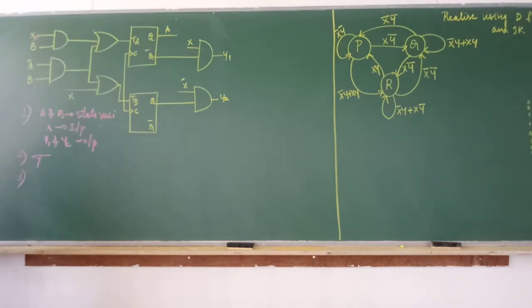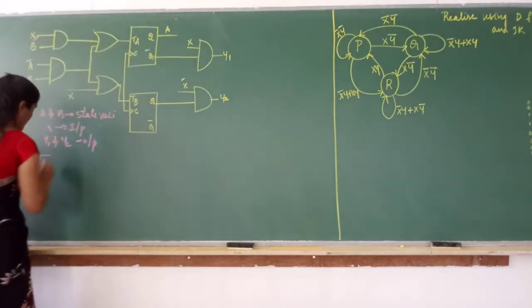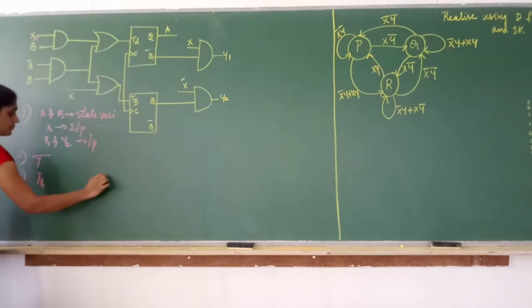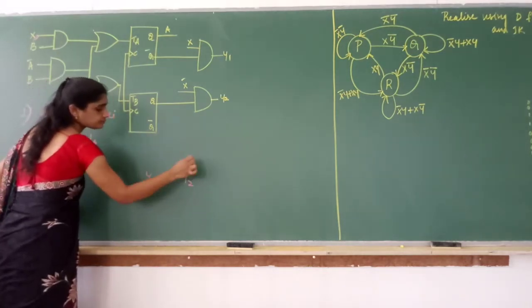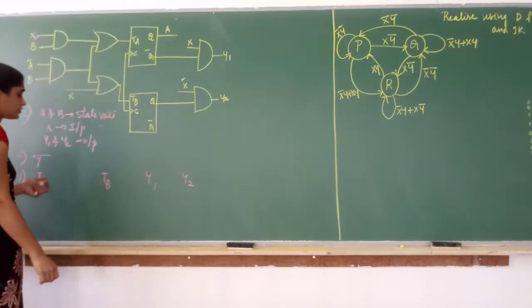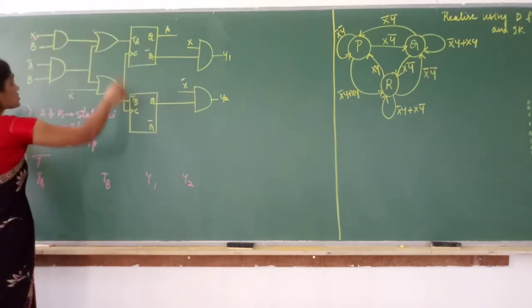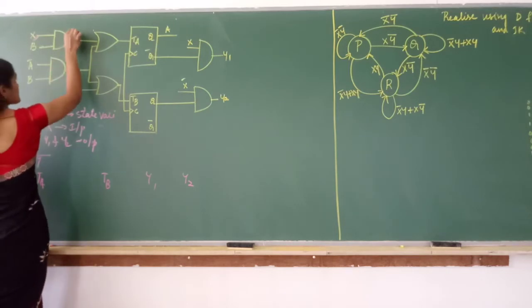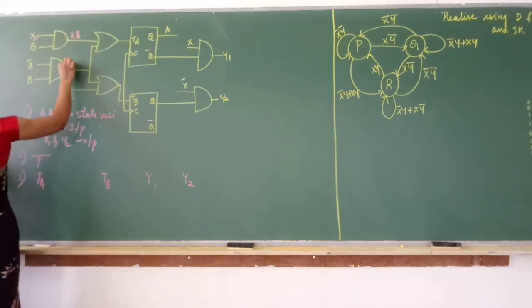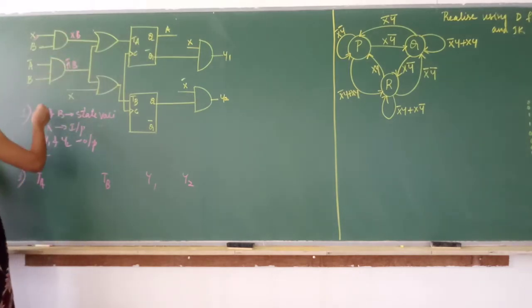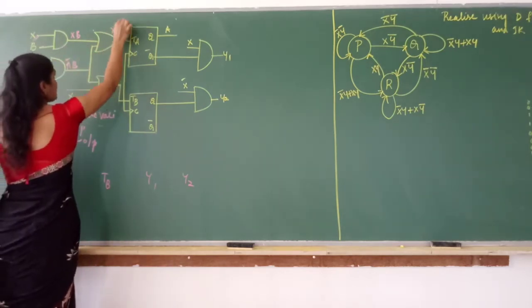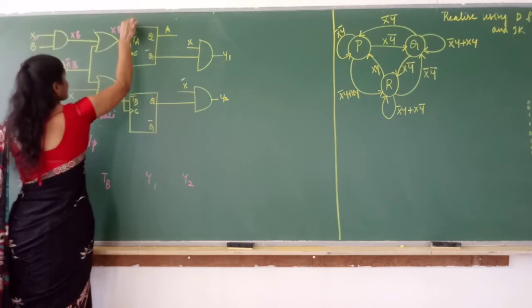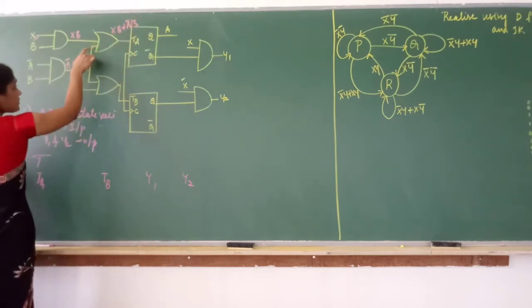Okay? So what is the third step you have? Write the flip-flop input equations. So write the equation for TA, TB, and also for the two output variables, y1 and y2. You have to write the equation for these four. So what is TA? This input is xb and this is a bar b, right? So one input is xb, one more input is a bar b.